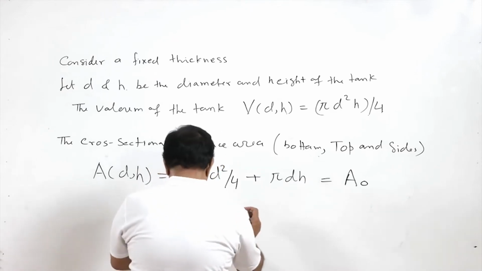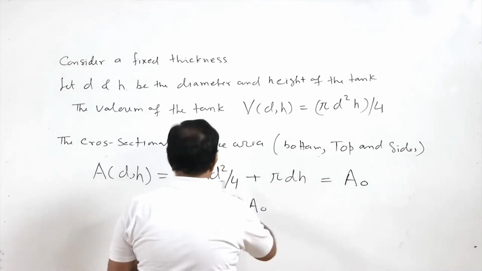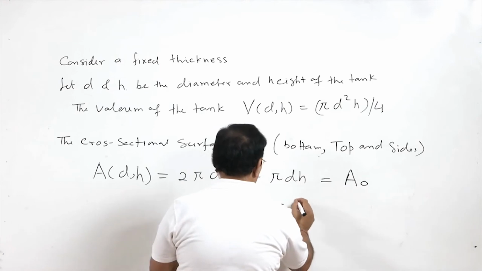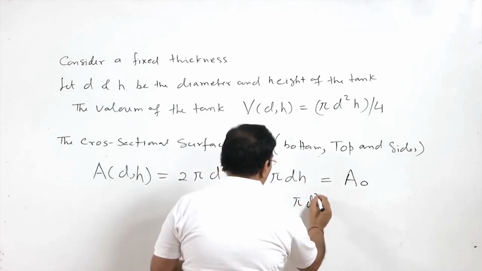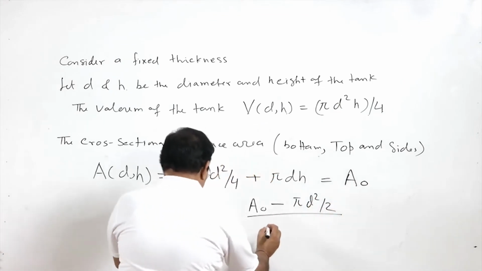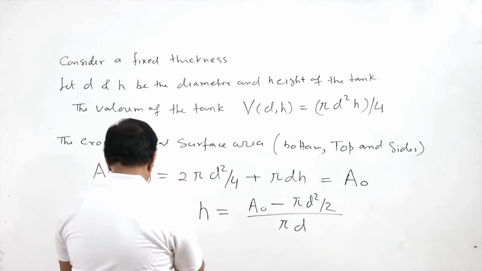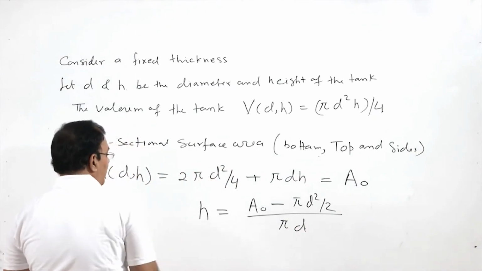So, my h is A naught minus pi d square by 2, divided by pi d, and I will substitute the value of h.